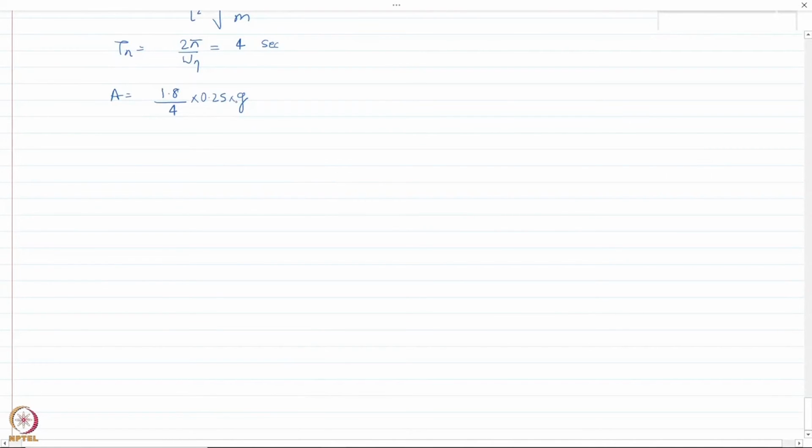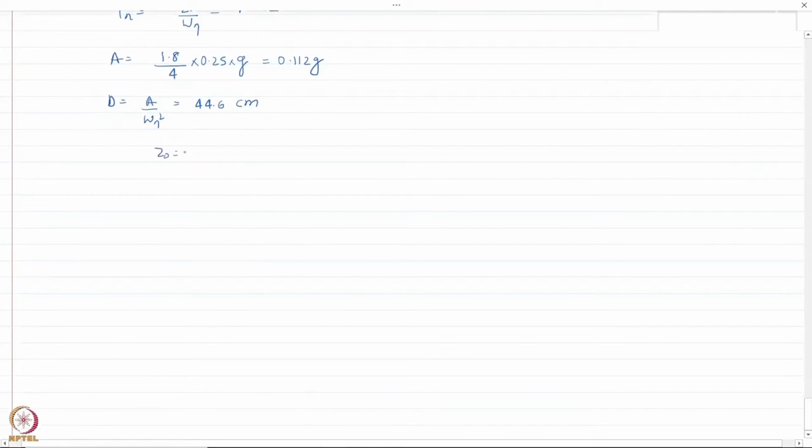If I substitute that, I get this as 0.112 times g. Now I know that my displacement is nothing but pseudo acceleration divided by omega n square. If I substitute that, I get this as 44.5 centimeter.